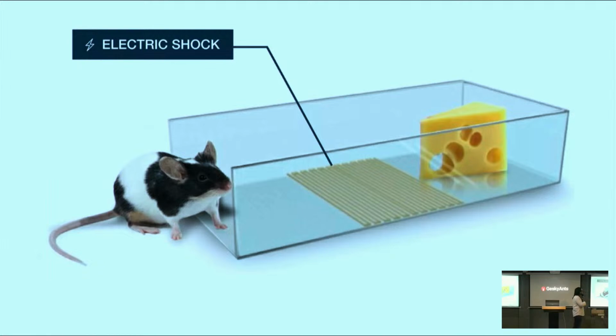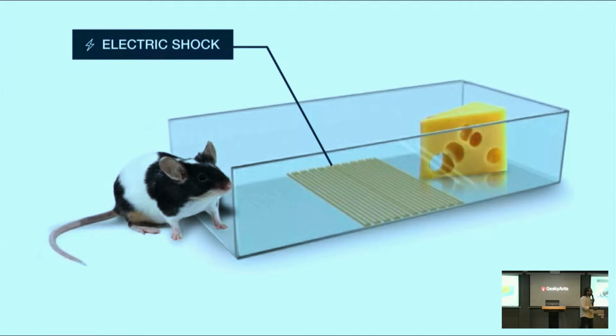In this device, there is a mouse, a box, and an electric shock. The mouse has to tolerate the electric shock to get the cheese. The experiment is about increasing and decreasing the electric shock and the cheese. They have done both.